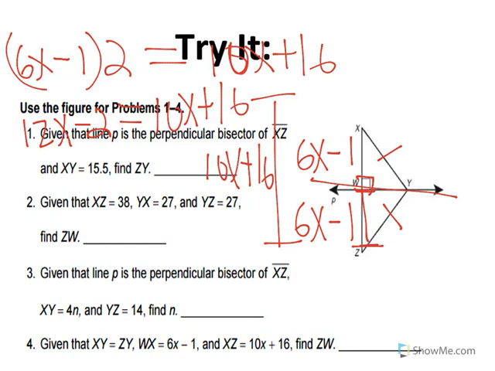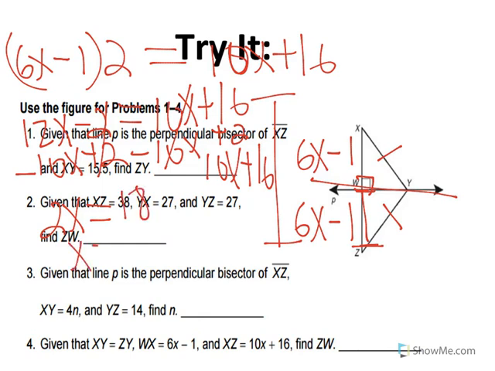Combining like terms, subtract 10x and add 2 on both sides, so I have 2x equal to 18, so x equals 9.